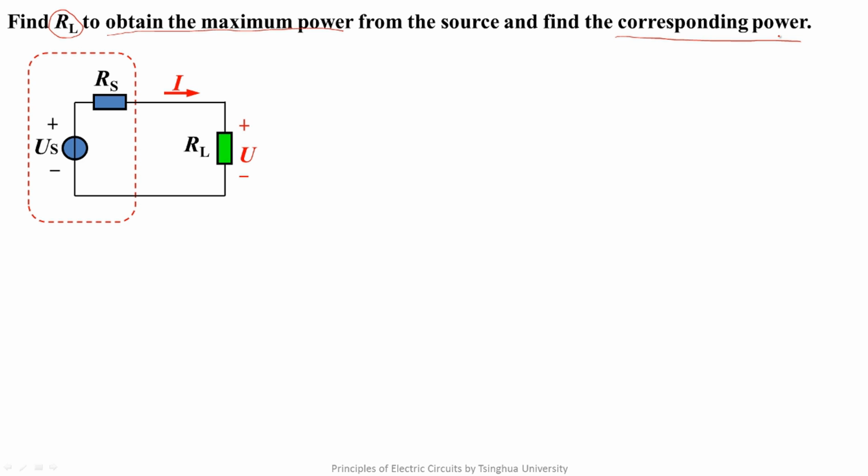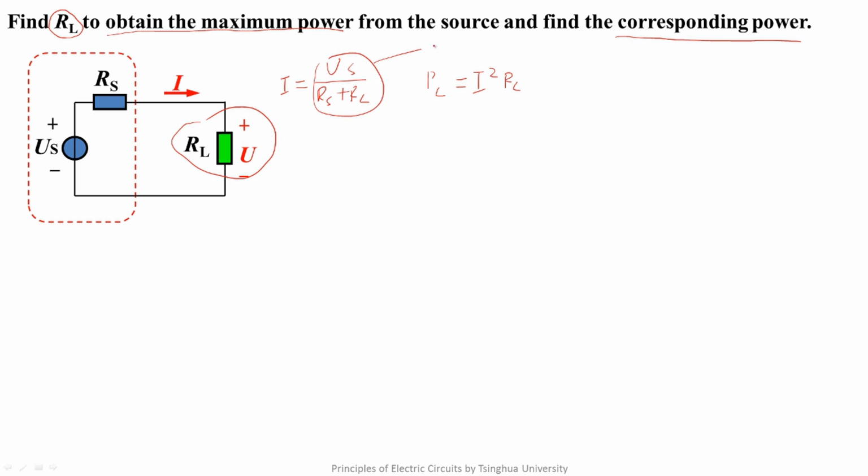Now we can deduce using the known knowledge. We know that I equals US over RS plus RL. For the load, its absorbed power is PL equals I squared times RL.